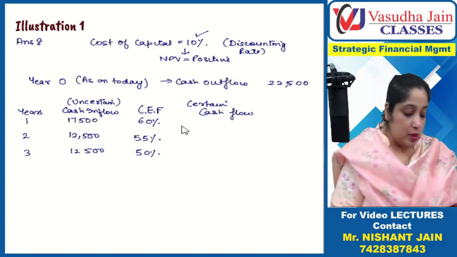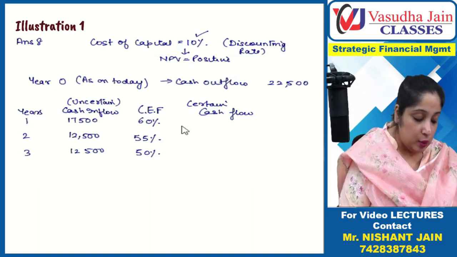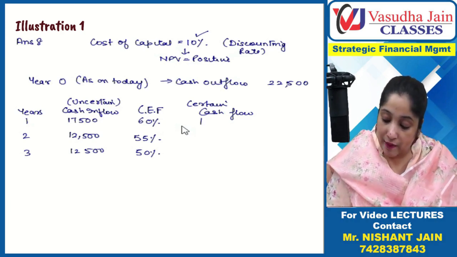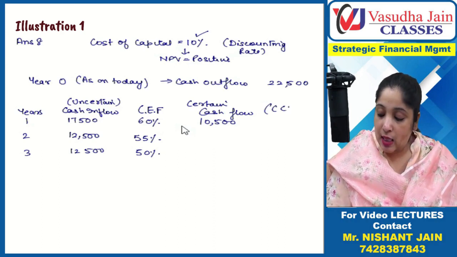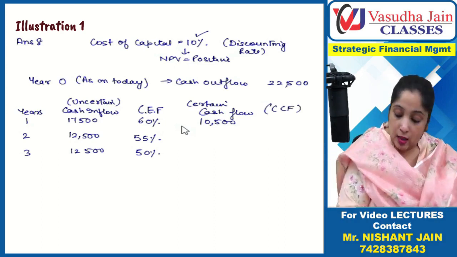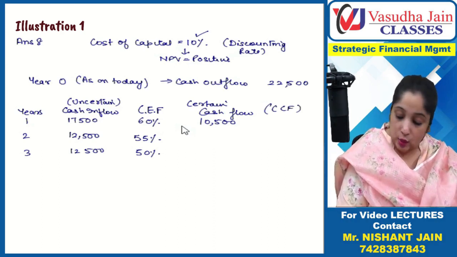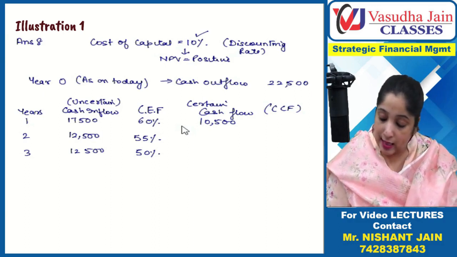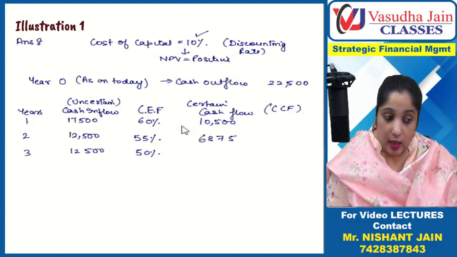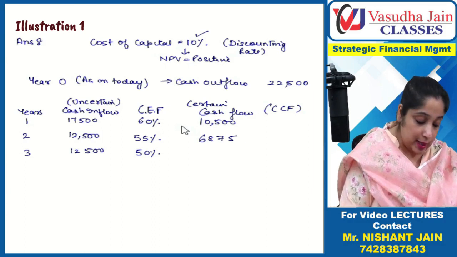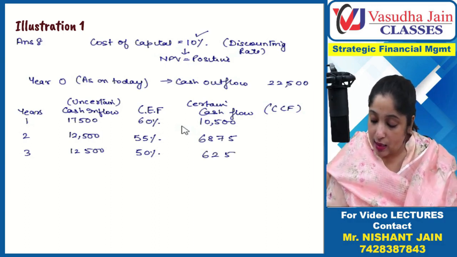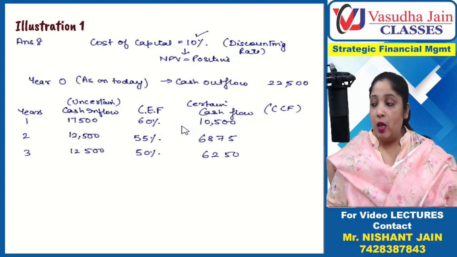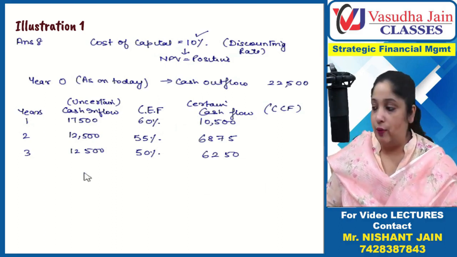So let us find out. 17,500 into 60% is 10,500. This is certain cash flows, CCF. Then 12,500 into 55% is 6,875. And then 12,500 into 50% is 6,250. These are certain cash flows.